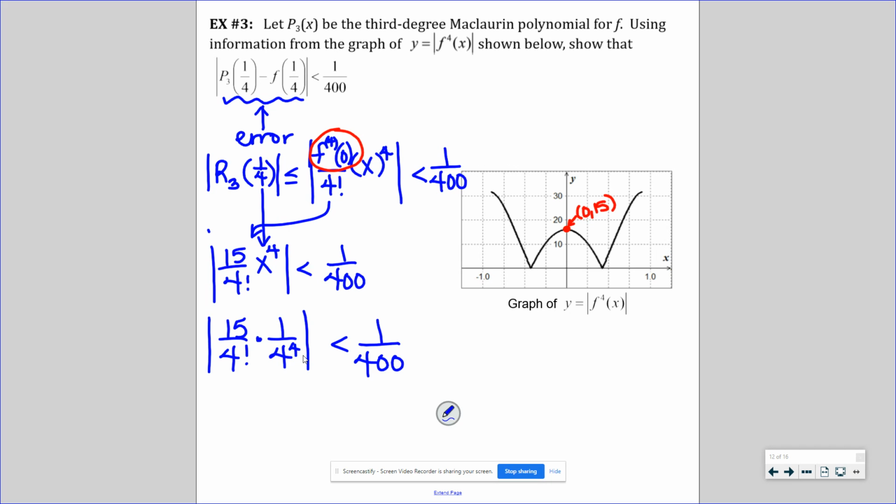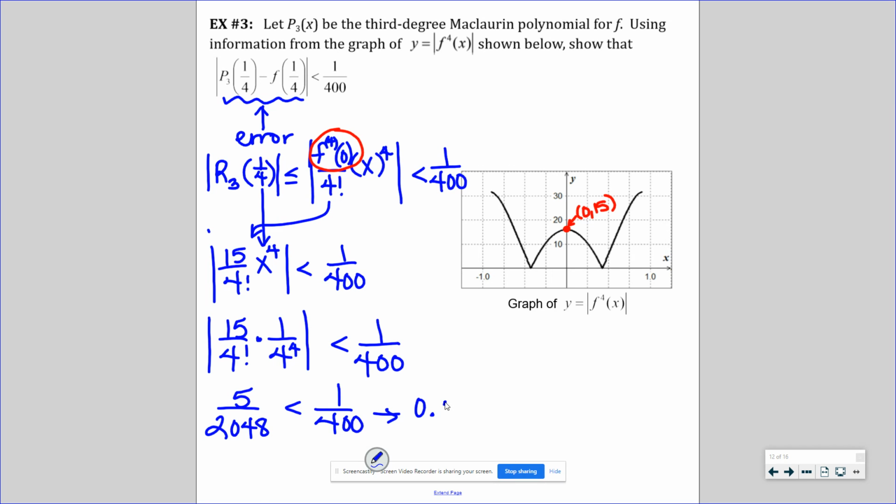Let me see if I have it written down here. Yes, you can divide and simplify, but it's eventually going to reduce to 5 over 2048.